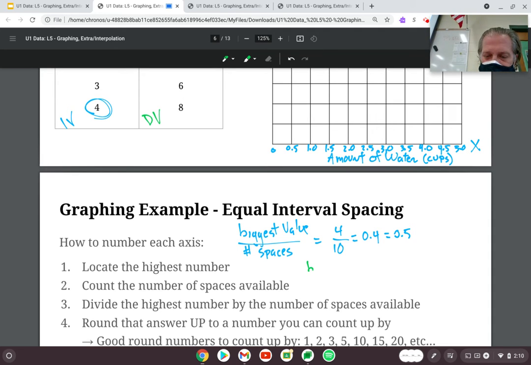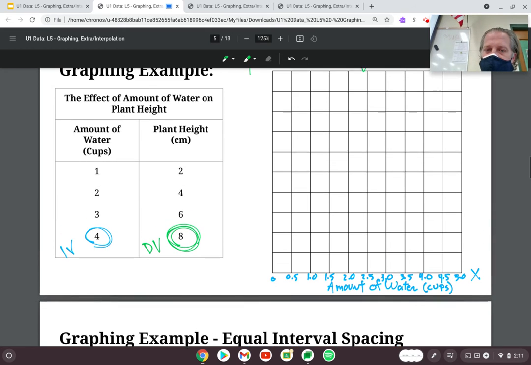So again, biggest value divided by number of spaces. So I look at my data set and I see that the biggest value is 8. And then I do some more sweet counting.